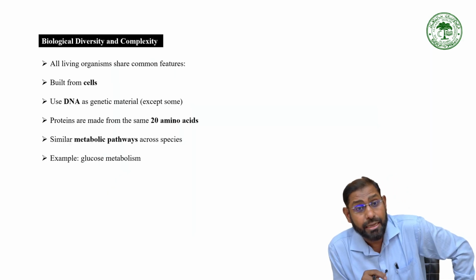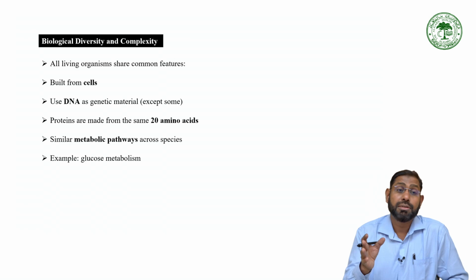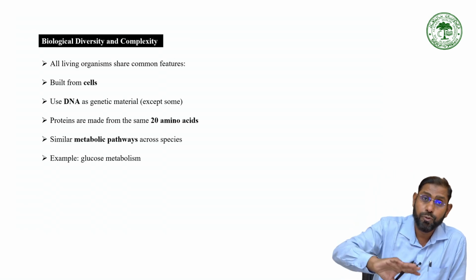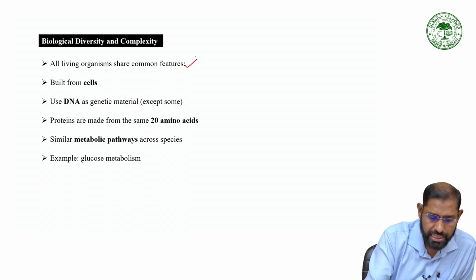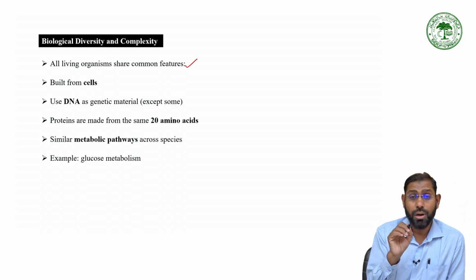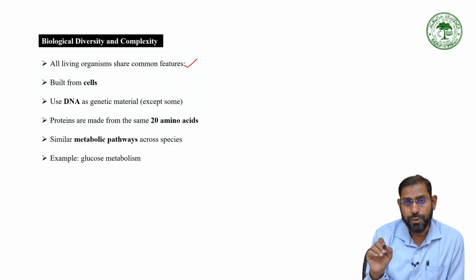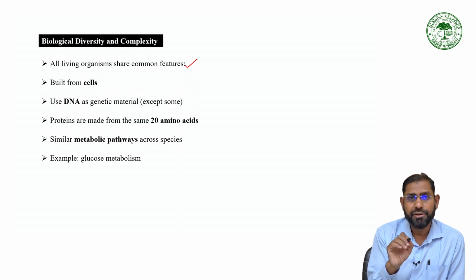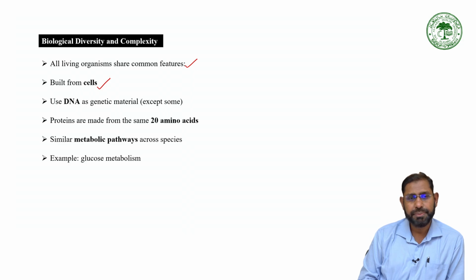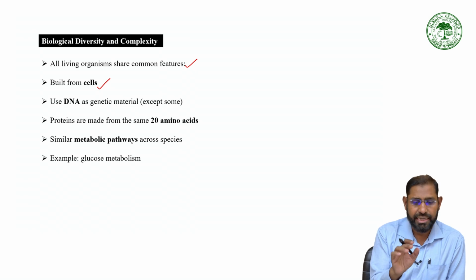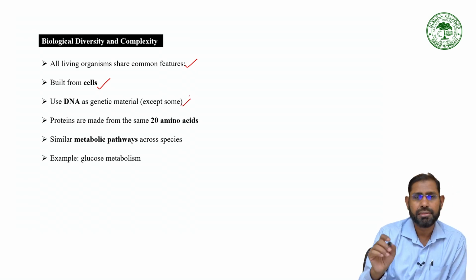Biological diversity and complexity. This is very important, because whatever diversity we have, whatever evolution happened, their bodies became complex and molecules became complex, yet all living organisms share common features. What are the common features they share? All organisms are built from cells, either single-celled like prokaryotes, or multicellular eukaryotes. Second, they have genetic material, that is DNA, which is used as genetic material, except in some viruses.